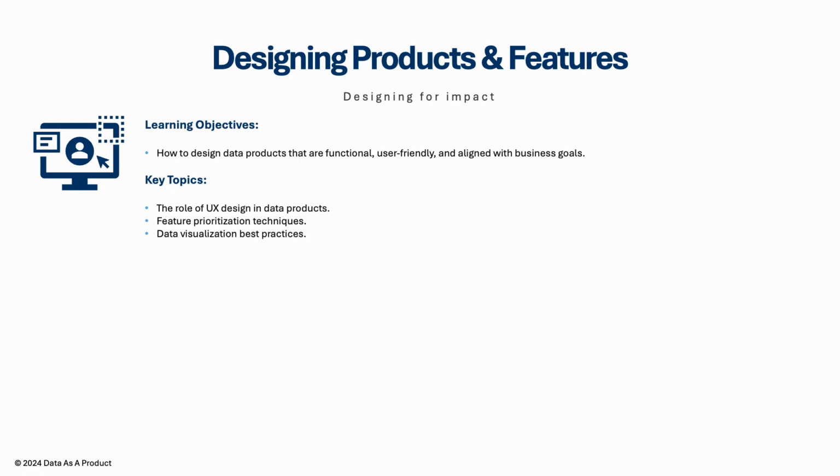UX design in data products is about creating interfaces that allow users to interact with the data in a meaningful and effective way. Whether that's a dashboard, reporting tool, or a complex data analysis platform, the design must facilitate an effortless user experience.